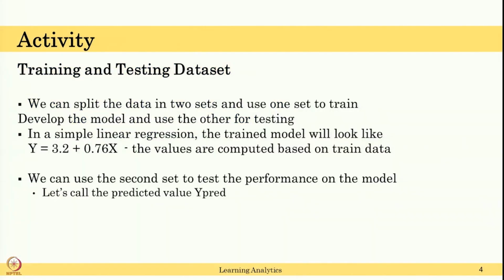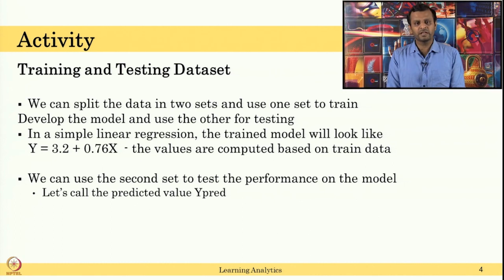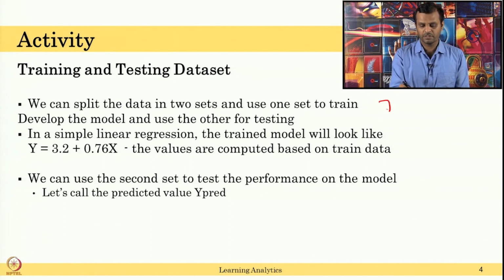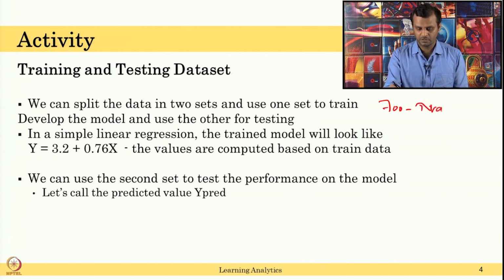So, in ML we usually split the data into 2 sets, using one for training and one for testing. For example, you have 1000 students' data. Let us consider you use 700 students' data for training and 300 for testing.